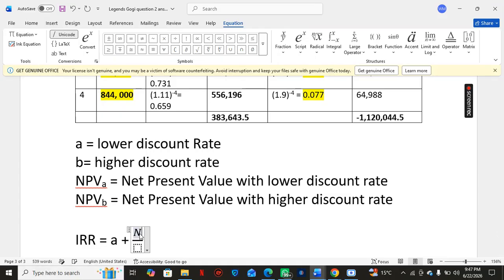Okay, colleagues. A is the lower discount rate. B is the higher discount rate. NPVA is the net present value with the lower discount rate. NPVB is the net present value with the higher discount rate.